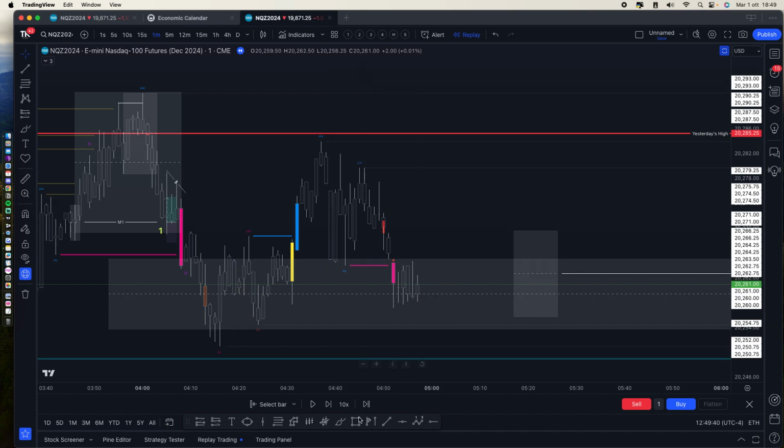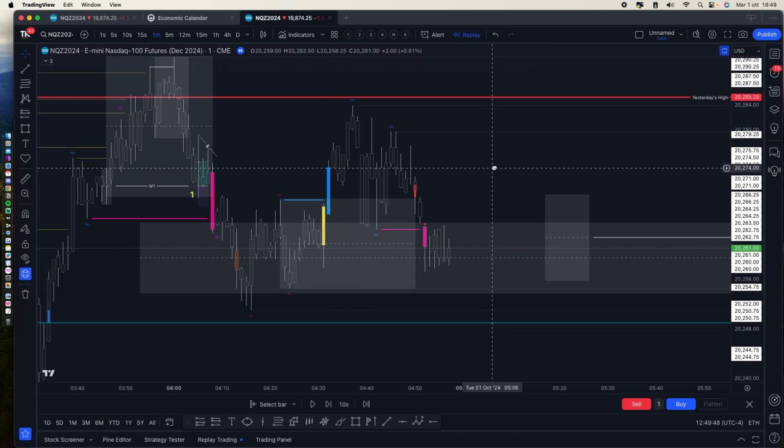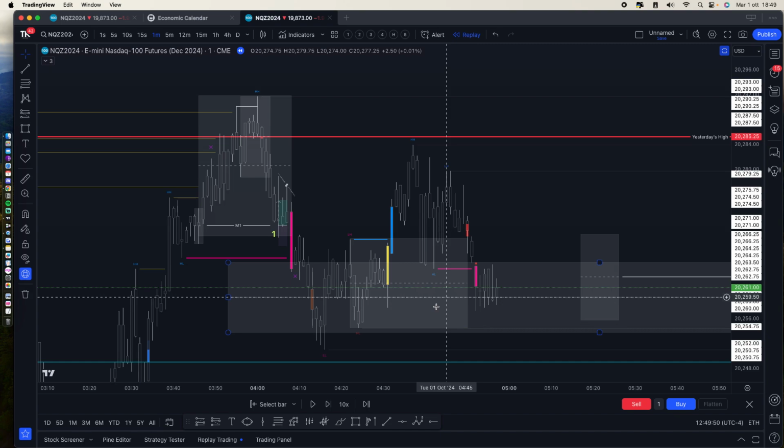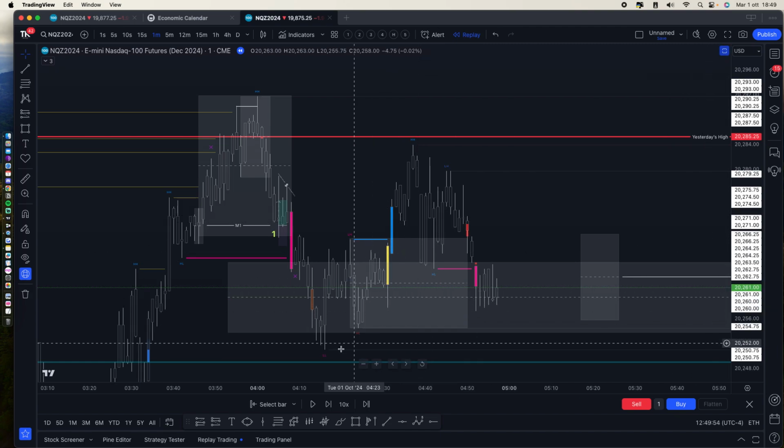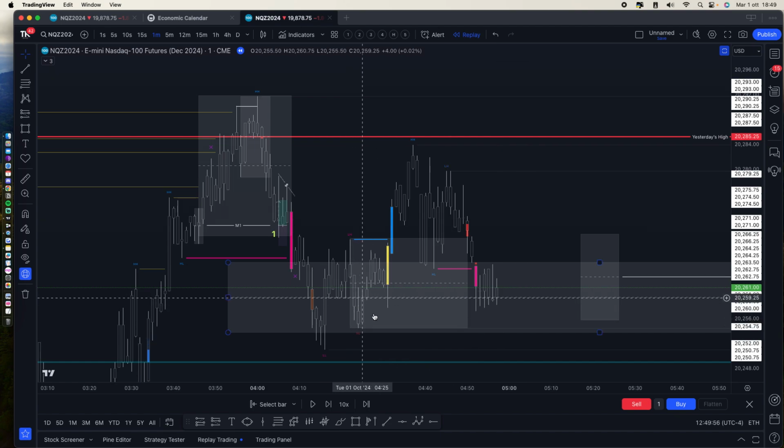Anyway, we had another zone, which was this one. The reason why I did not take the trade is because I didn't see a clear liquidity sweep here.